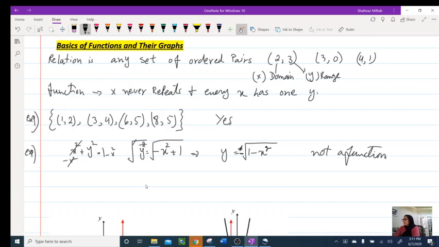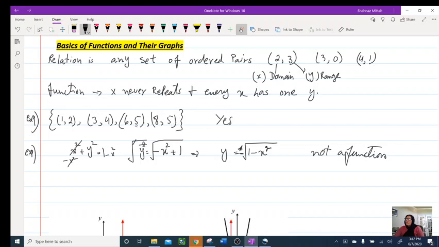Now, I'm talking about a relation and a function. A relation is just simply ordered pairs. A function is when x never repeats, and every x has one y. If you give me ordered pairs, it's easy peasy. You just have to look that x never repeats, and every x has one y value.